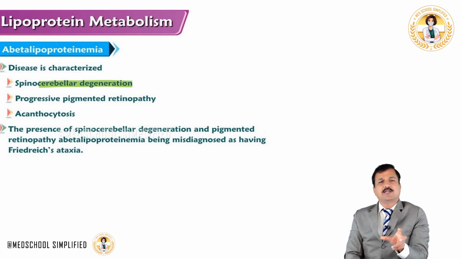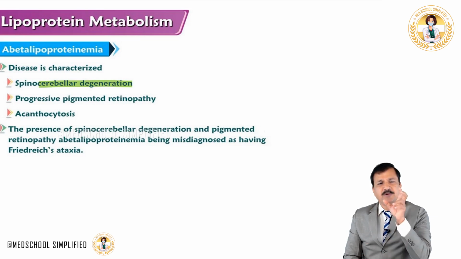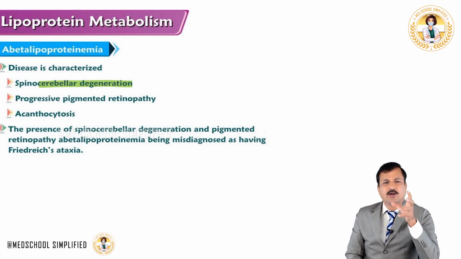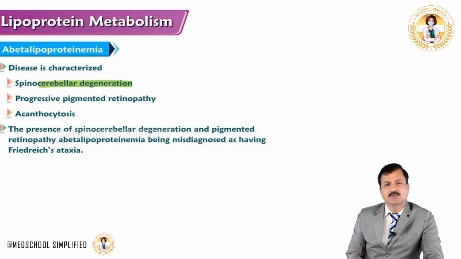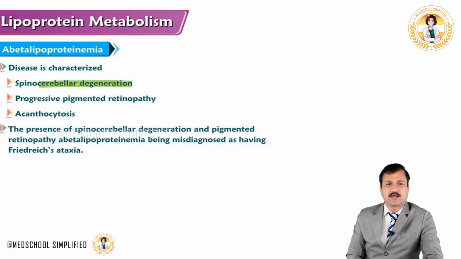So there will be degeneration of myelinated axons, and that will give rise to spinocerebellar degeneration. And the spinocerebellar degeneration will give rise to the peripheral neuropathy signs, which include altered sensation to touch, temperature, pressure, vibration sense, ataxia, all these, and weakness in the muscles, all these signs can be seen there.